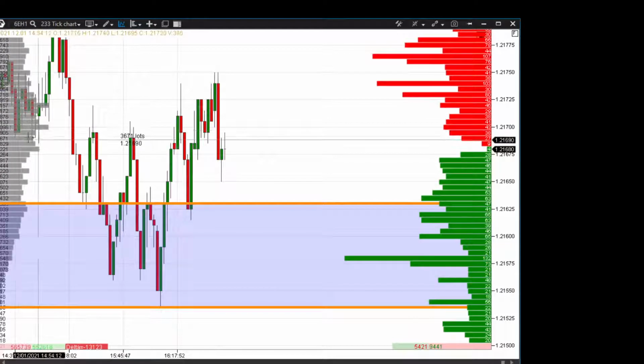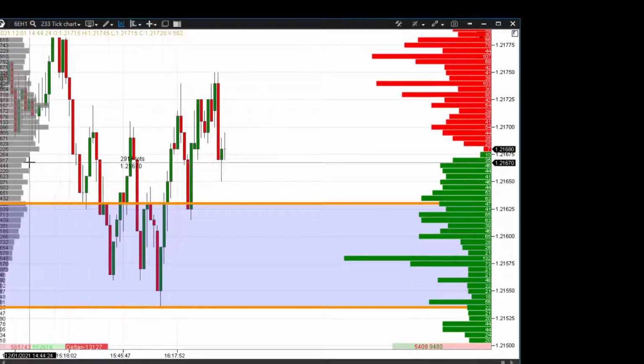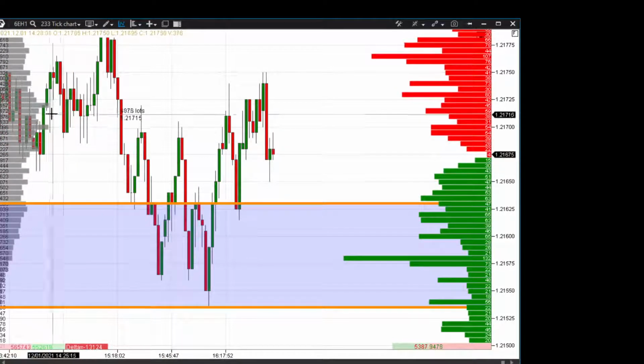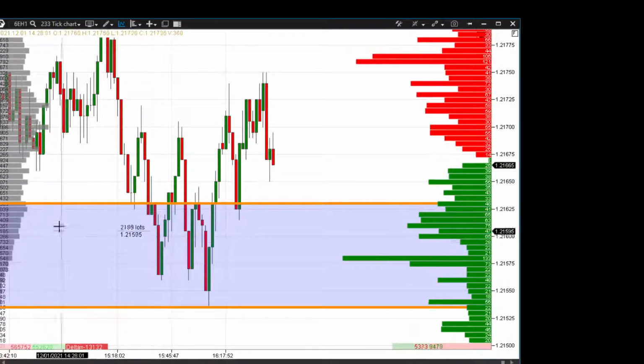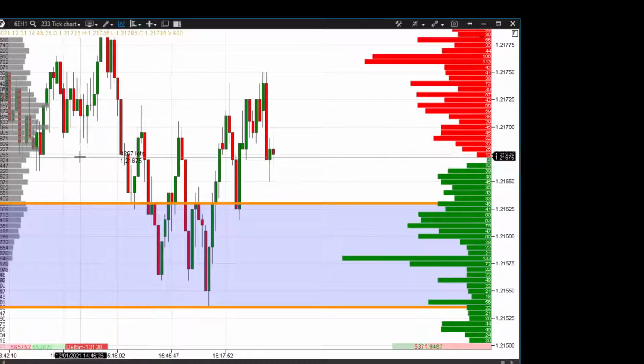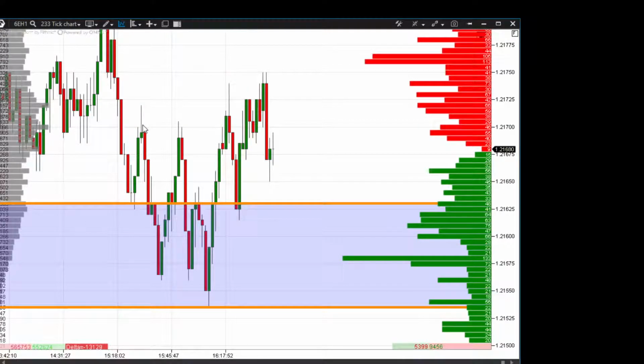But with horizontal volume, you can know exactly at which price there was a lot of volume. That's very important when you're trading with quantitative information, because you need to know exactly the price.